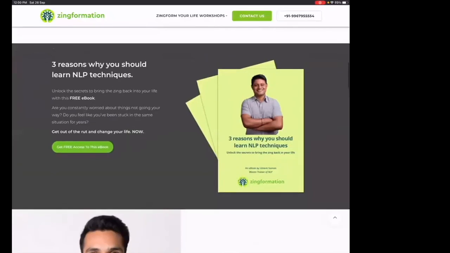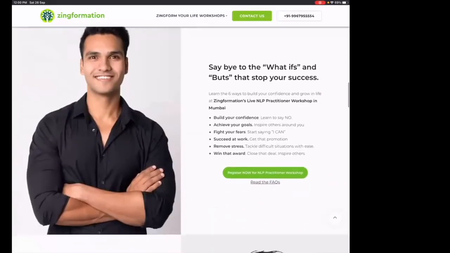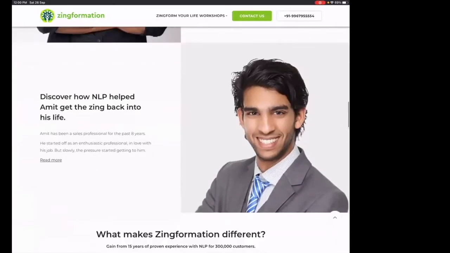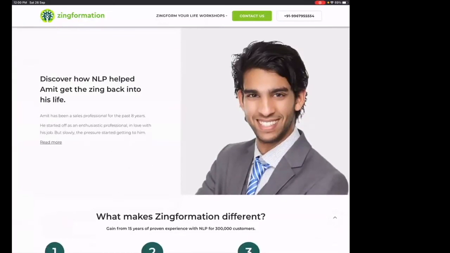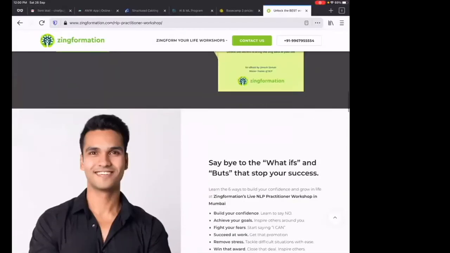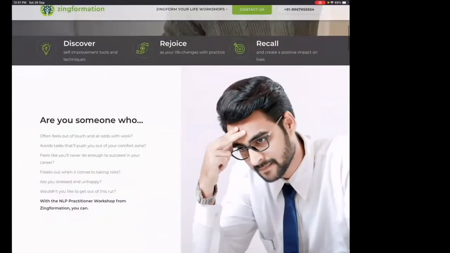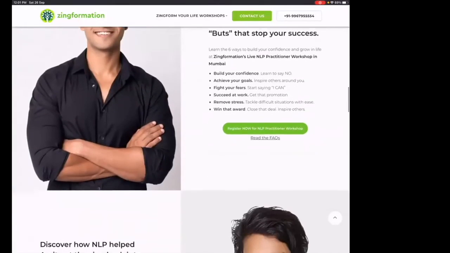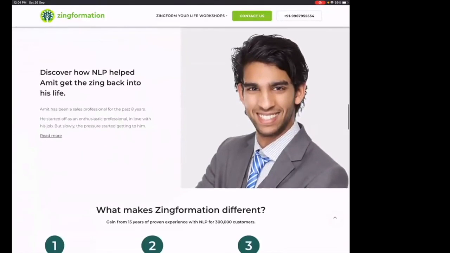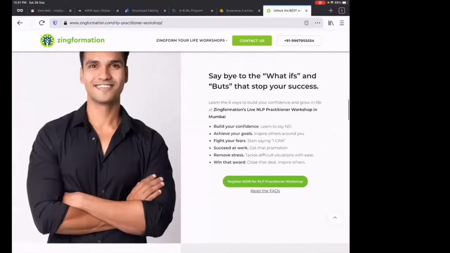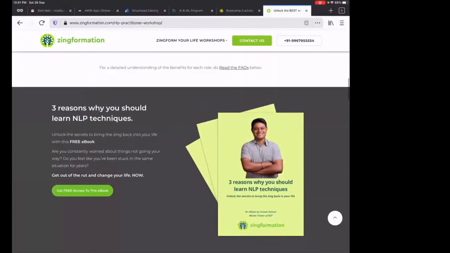This is a capture device pointing to a PDF for download. And this is the case study, which is embedded contextually to this particular service, which is the selling of an NLP practitioner workshop. Though it is coming from a different page, it is being pulled into this page, along with this, which is also coming from a separate page.